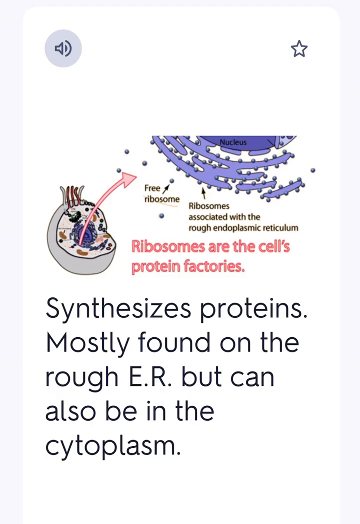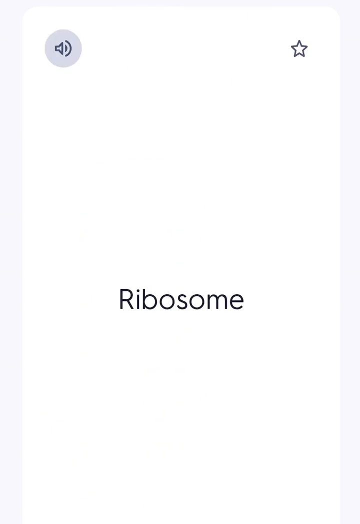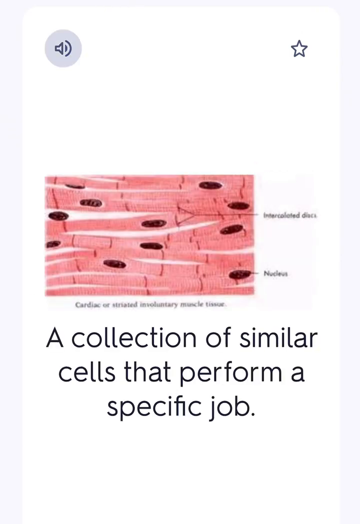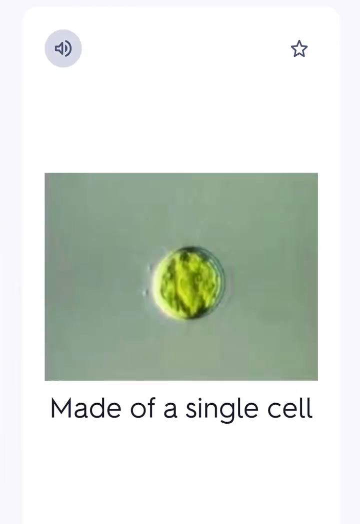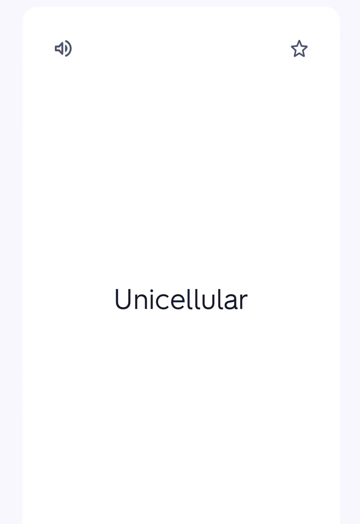Synthesizes proteins. Mostly found on the rough ER but can also be in the cytoplasm. Ribosome. A collection of similar cells that perform a specific job. Tissue. Made of a single cell. Unicellular.